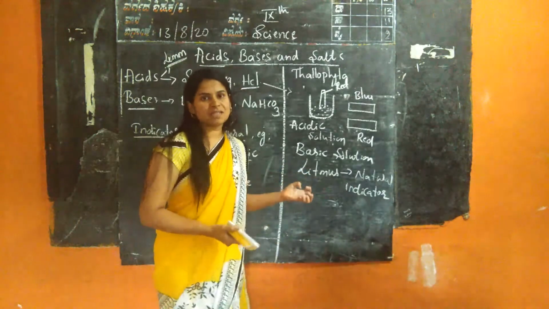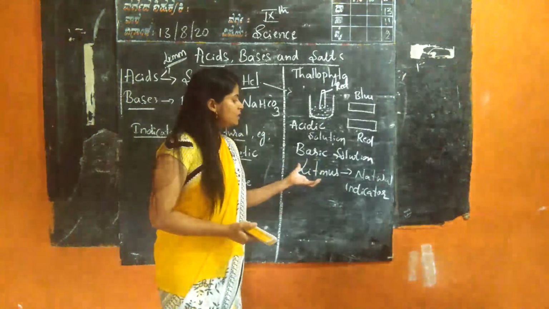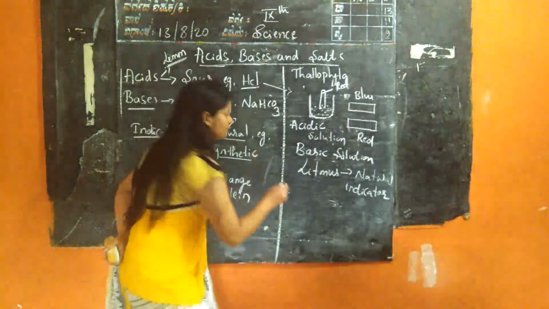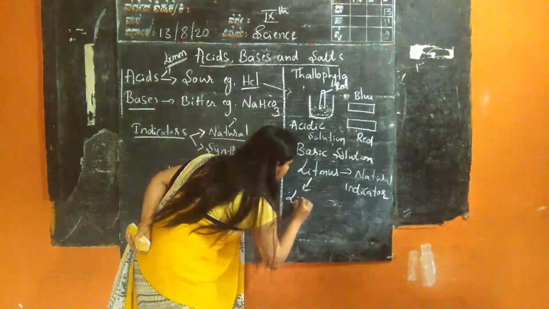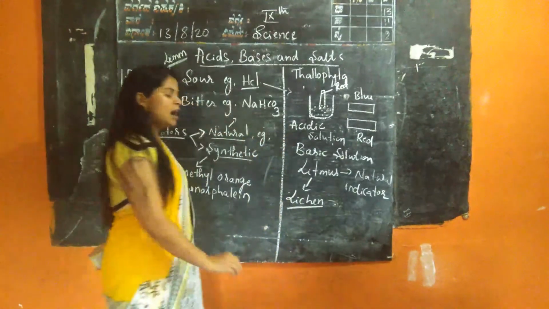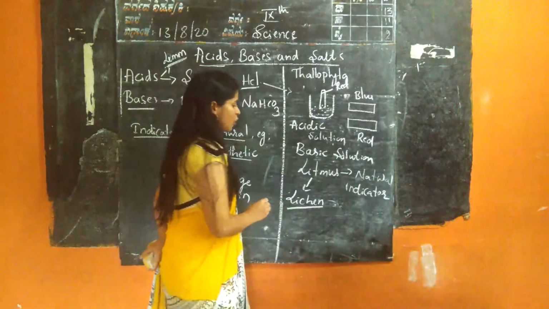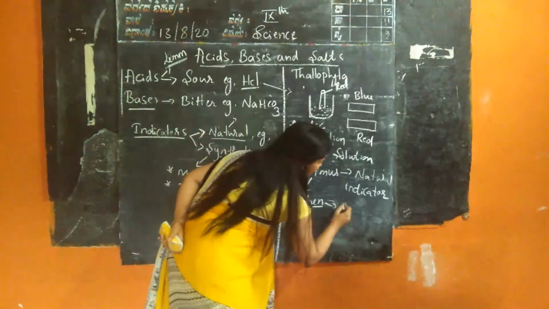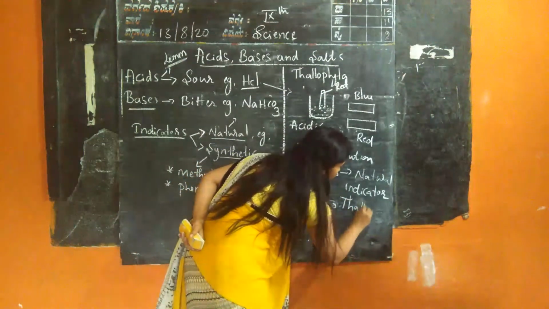From where do we extract it? We extract this litmus from lichens. These lichens come under the division Thallophyta.